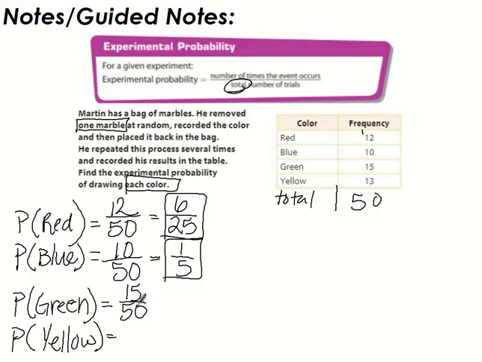We can reduce this by 5, and we get 3 out of 10. And then yellow is 13 out of 50. And guess what? We don't reduce because 13 and 50 don't have something in common. So there's all of my experimental probabilities for each. Red, blue, green, yellow.